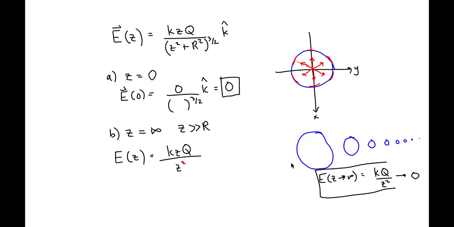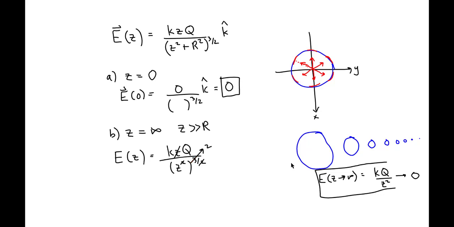That means the denominator is essentially z squared. Now, simplifying this a little bit, we have z squared cancels with the square root, and notice we have a z in the numerator, cancels with the z cubed in the denominator.